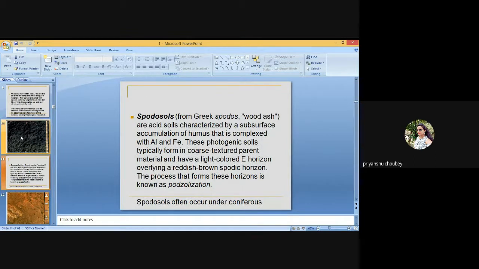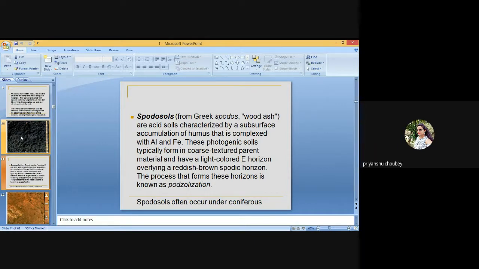Spodosols, also a Greek word, meaning wood ash. Cool, humid climate with siliceous parent material, and illuvial origin of sesquioxide and humus, formed under a wood-ash colored eluvial E horizon mainly of silica. Spodic horizon not reported in India. Spodosols are acid soils characterized by the subsurface accumulation of humus that is complexed with aluminum and iron.